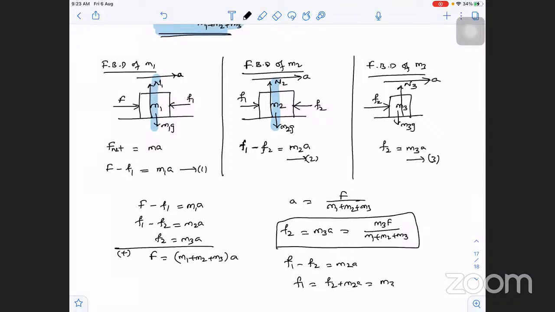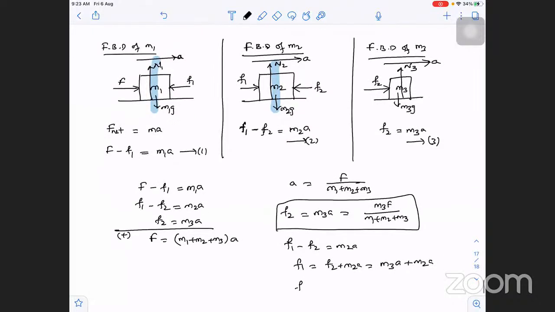F2 I can write as M3A. So the F1 value finally is M3 plus M2 into A, which is M3 plus M2 into F by M1 plus M2 plus M3. This is the F1 value, the force between the M1 and M2 blocks.